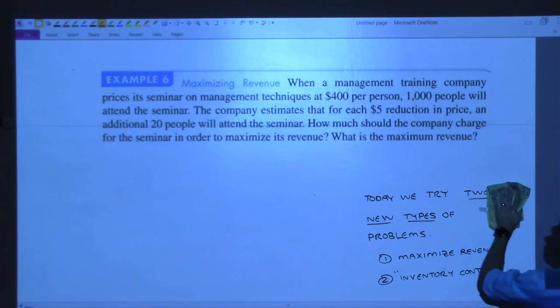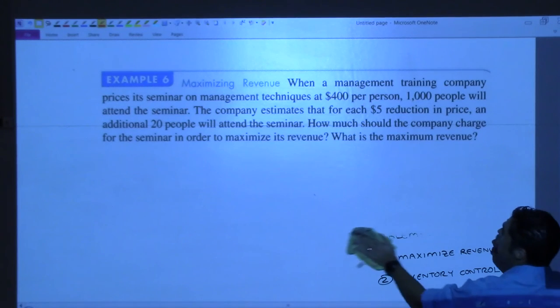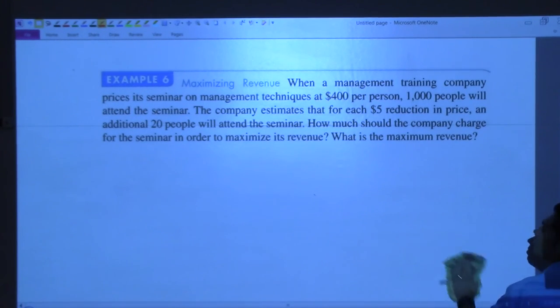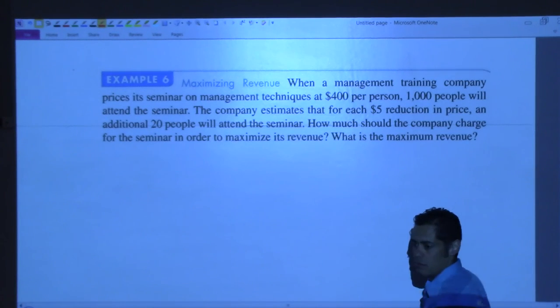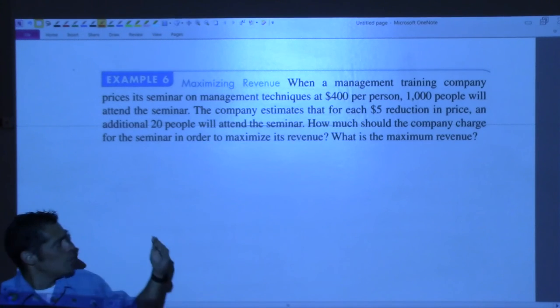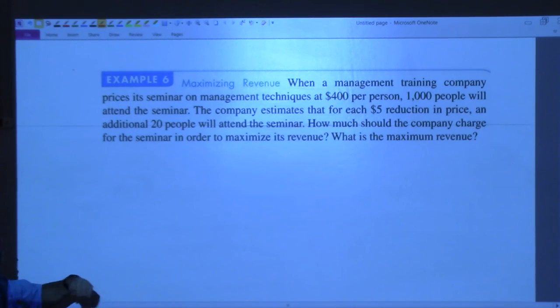The company estimates that for each $5 reduction in the price, an additional 20 people will attend. So if they lower the price, they expect more people. $5 reduction, 20 more people are going to show up. How much should the company charge for the seminar in order to maximize the revenue?